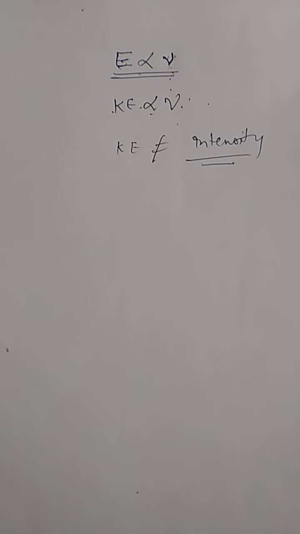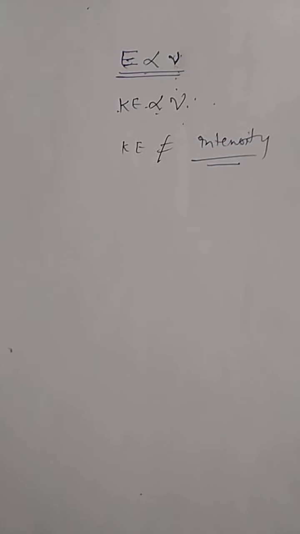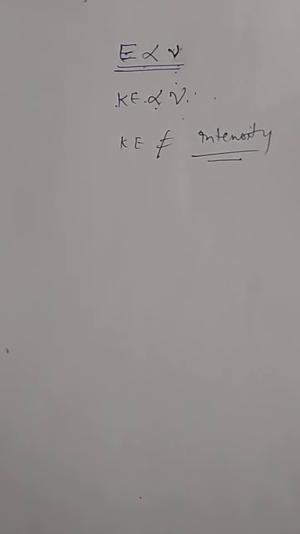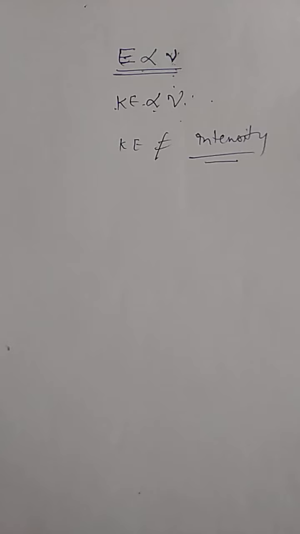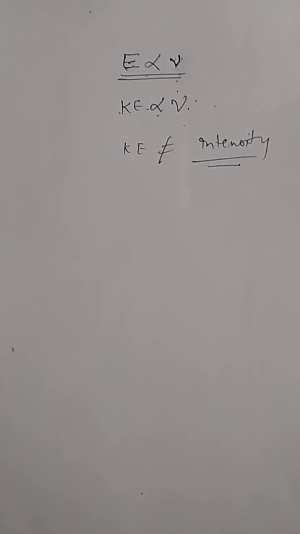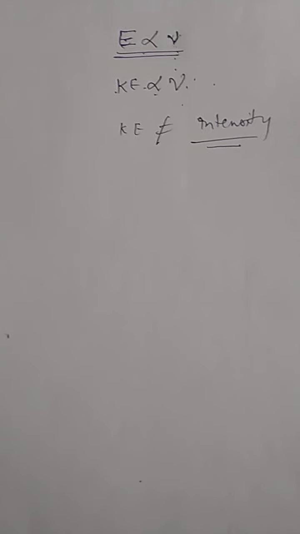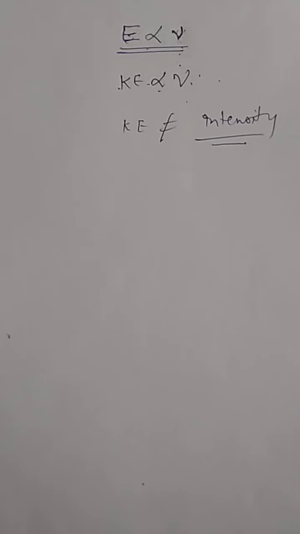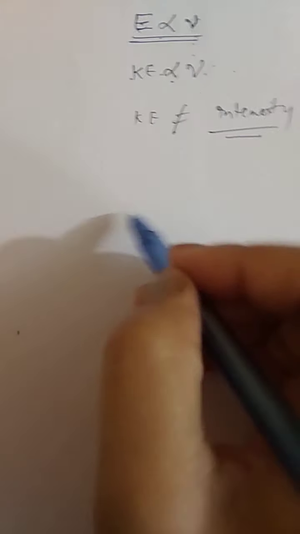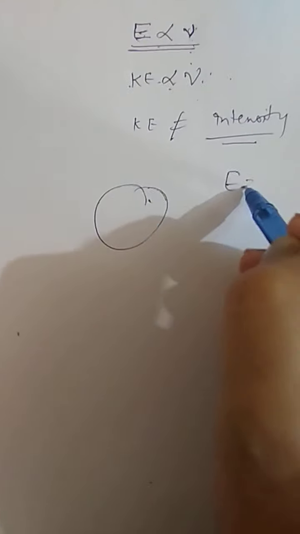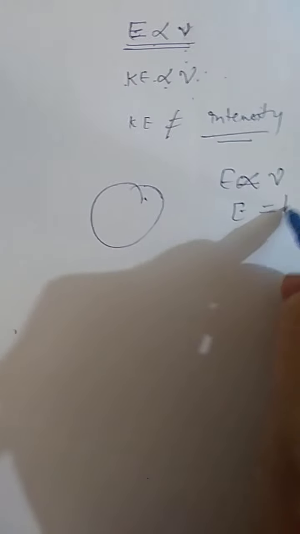So Planck's quantum theory did not go with the wave theory of radiation. However, the photoelectric effect can be explained with the help of the particle nature of light, that E is directly proportional to nu, so E equals h nu.